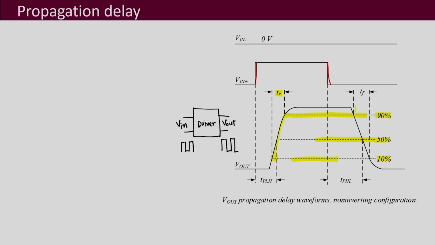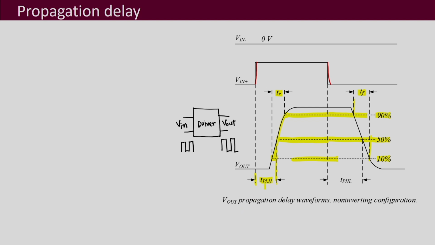Similarly, the time it takes to go from 90% to 10% is taken as the fall time TF of that signal. And the propagation delay is from the point when the input signal goes high to the point at which the output signal becomes 50% of the output voltage level. This is your propagation delay.